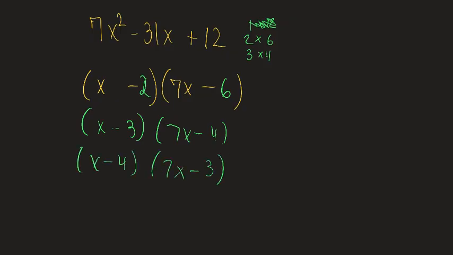Pause the video, figure out which one it is. It was the third one, negative 3x and negative 28x adds to make a negative 31x.